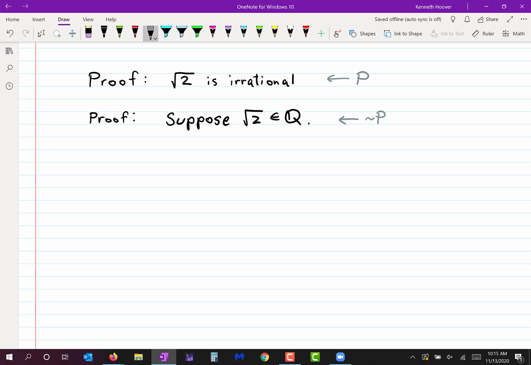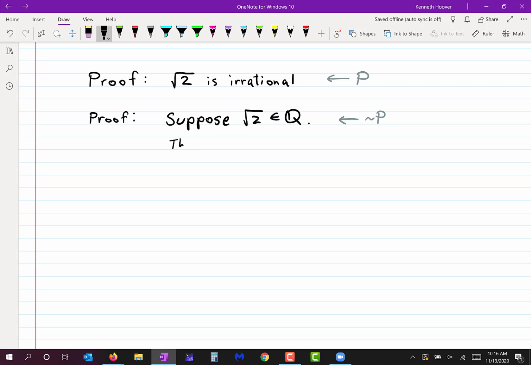I want to try to derive a contradiction of some sort. So, where am I going to go from here? Well, if the square root of 2 is rational, then what does that mean? It means it can be written as a ratio of integers, and that ratio of integers can be written in reduced form. So I say suppose the square root of 2 is a rational number.